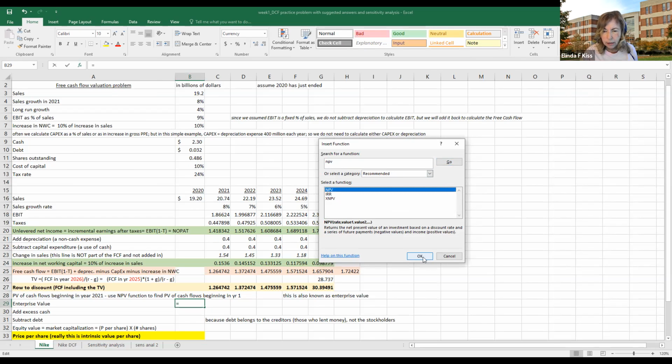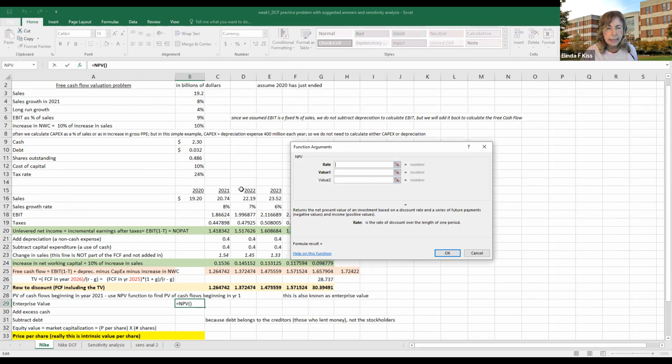And then I'll click OK on the one I want. Now it asks for a rate. In this example, the rate I'm using is my cost of capital. And then it asks for my values, and my values are what I have here in row 27. Notice I do not use the year zero value. If I did, I'd get an error.